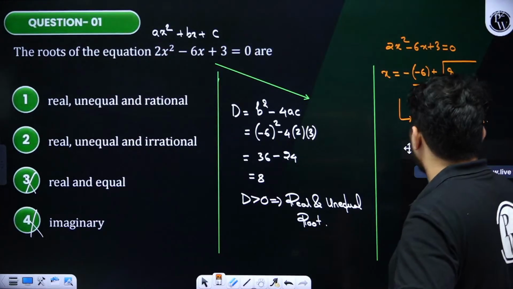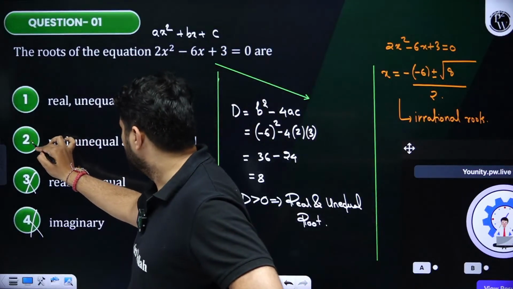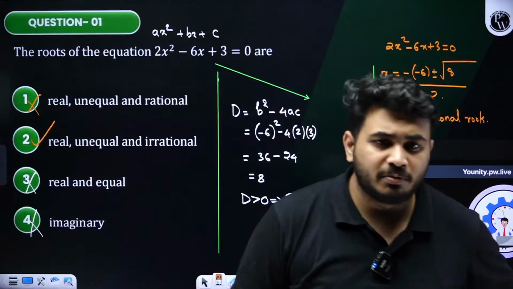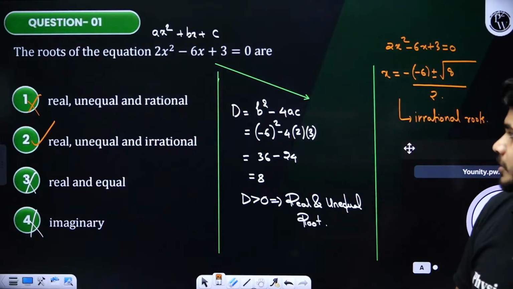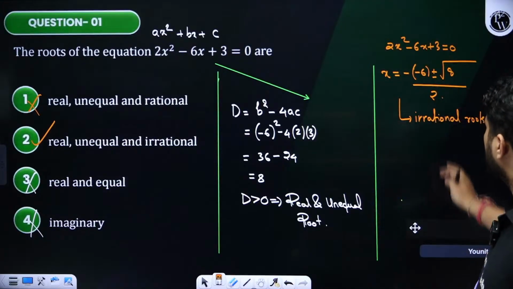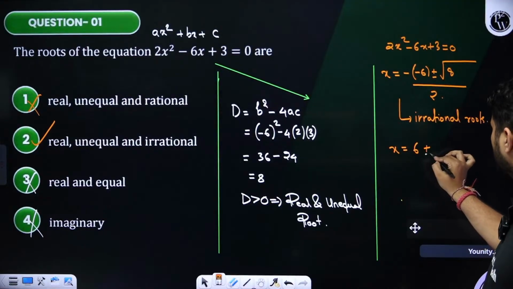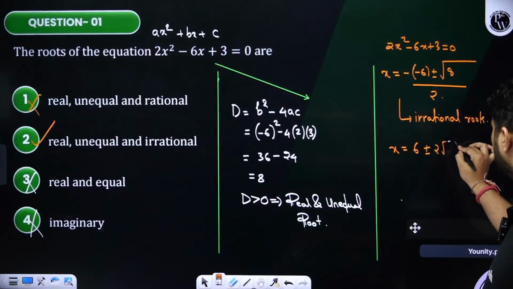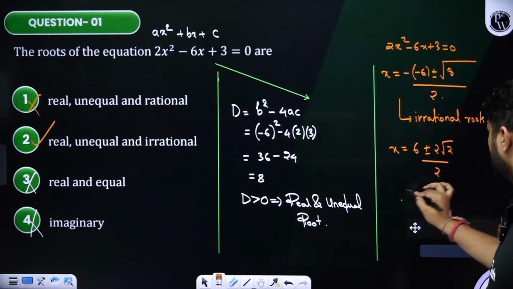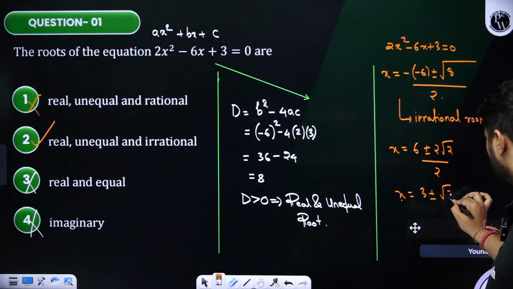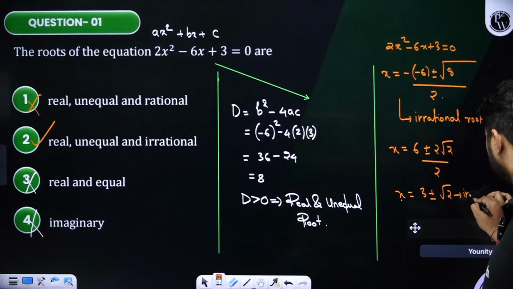So irrational roots means your option B is correct, second option is correct. Clear everyone? Understood? Option A is not, B is correct, because we will get irrational roots. So x will be equal to 6 plus or minus 8 can be written as 2 root 2, divided by 2. So x is equal to what, 3 plus or minus root 2. These are what, irrational numbers.